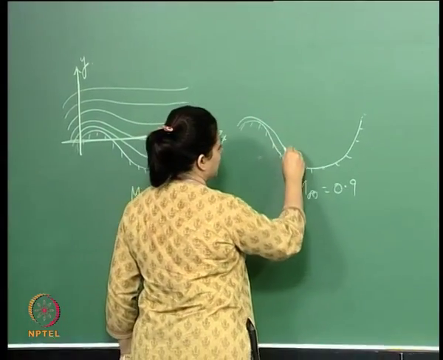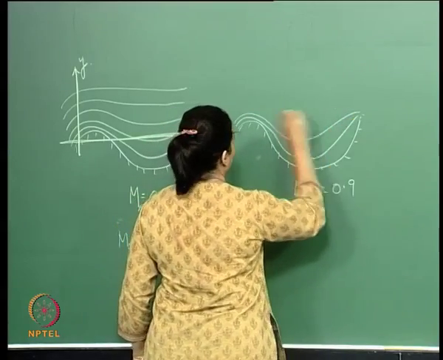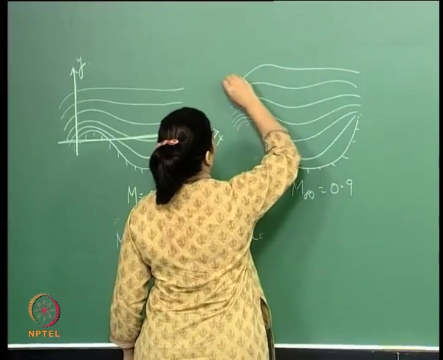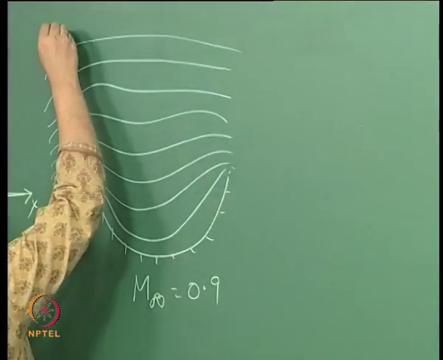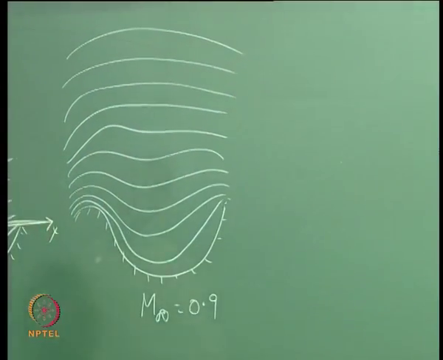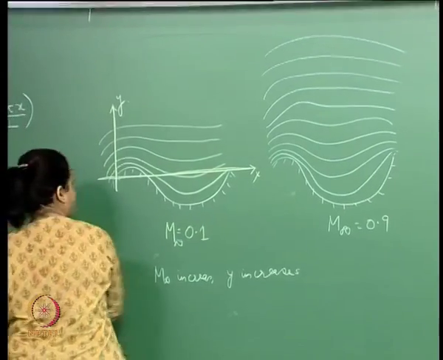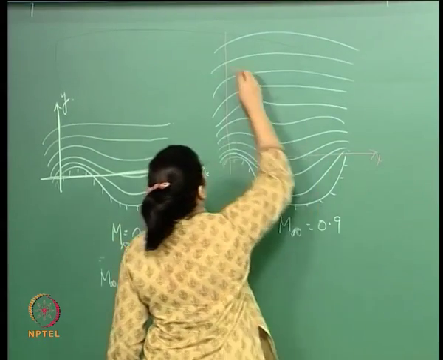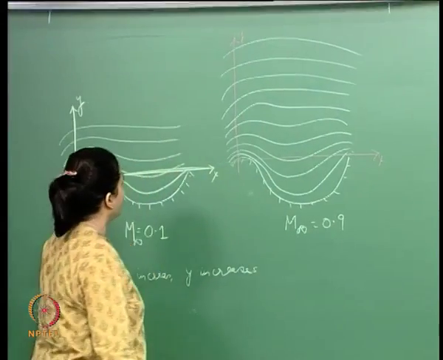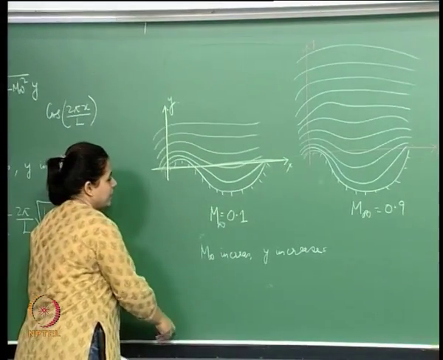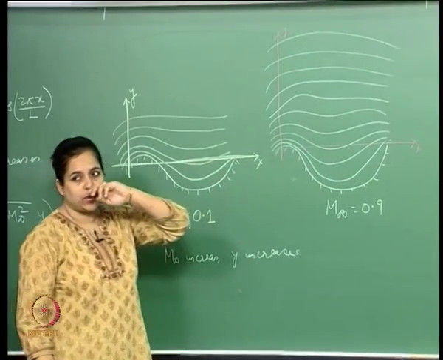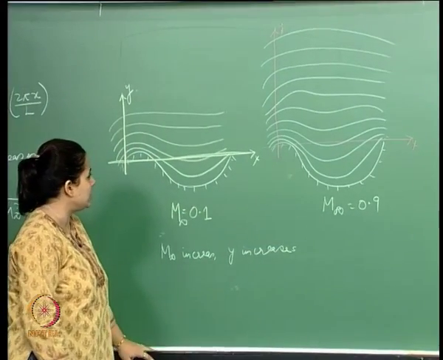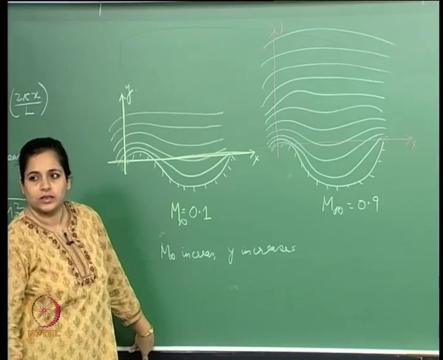What this means is that, essentially, for subsonic flows, as the Mach number increases, the disturbance also travels to a farther distance.